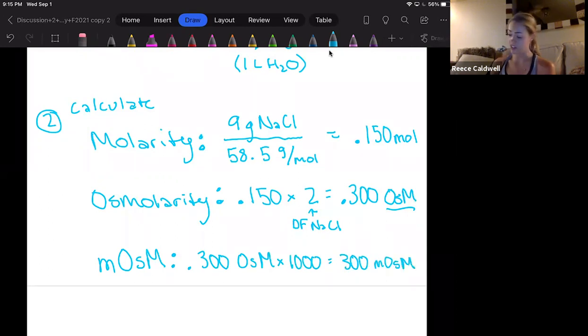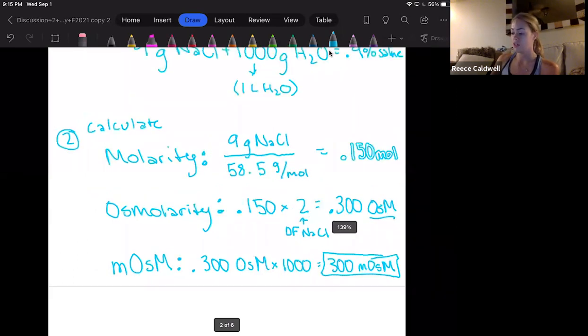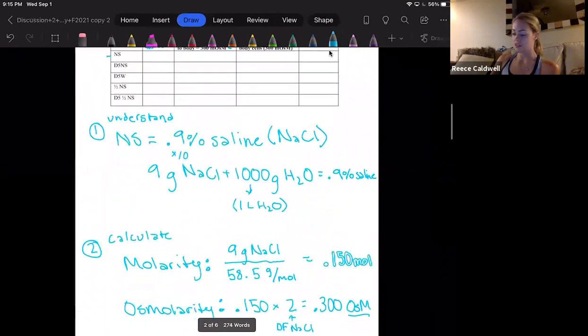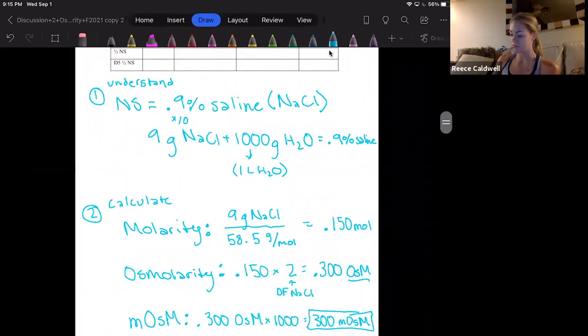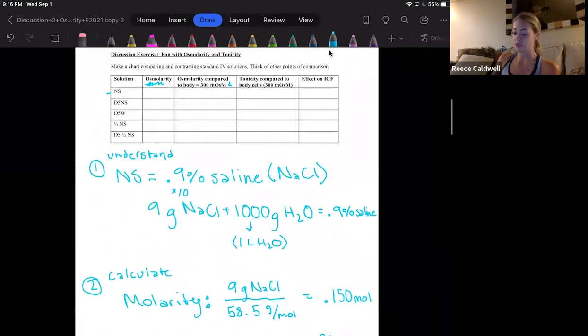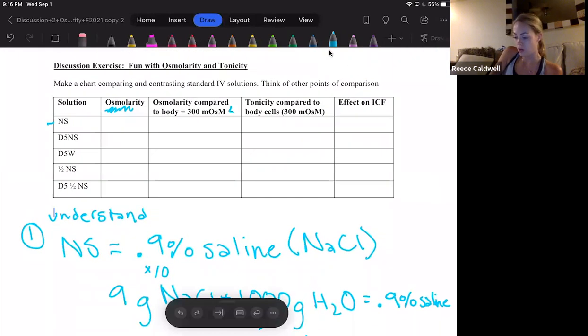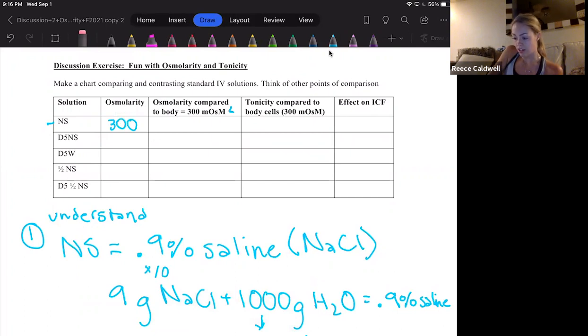And that is our osmolarity for normal saline. So we're going to take that 300 and plug it into our chart. So we've now solved for the osmolarity of normal saline.